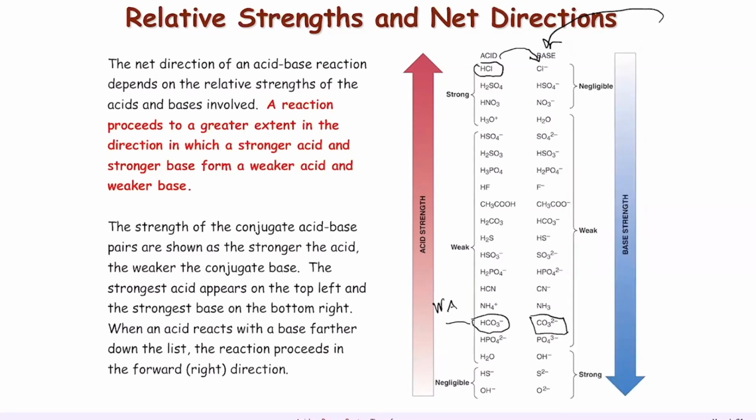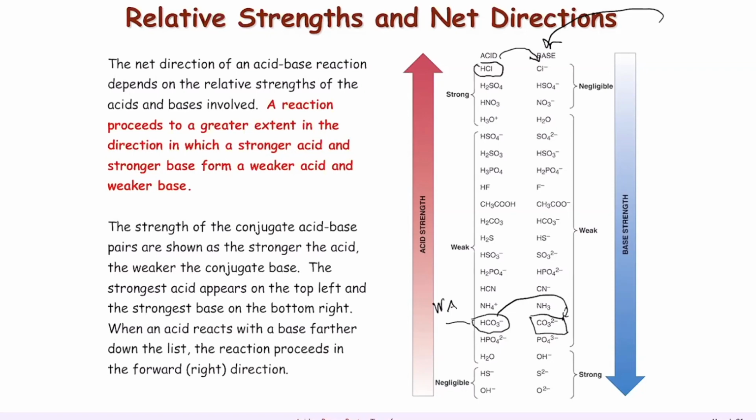And indeed, the conjugate pairs of weak acids have bases that are somewhat strong. If a chemical has a hard time giving up its hydrogen, like in HCO3 minus, then don't you think that it prefers to keep its hydrogen? And by definition, a chemical that is attracted to the hydrogen is a somewhat strong base.